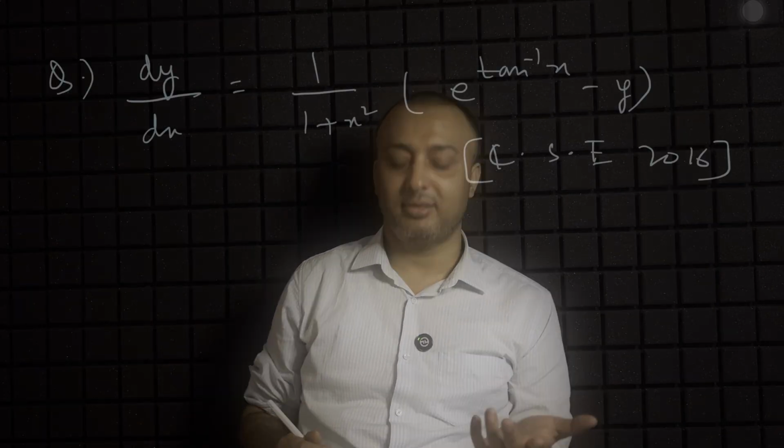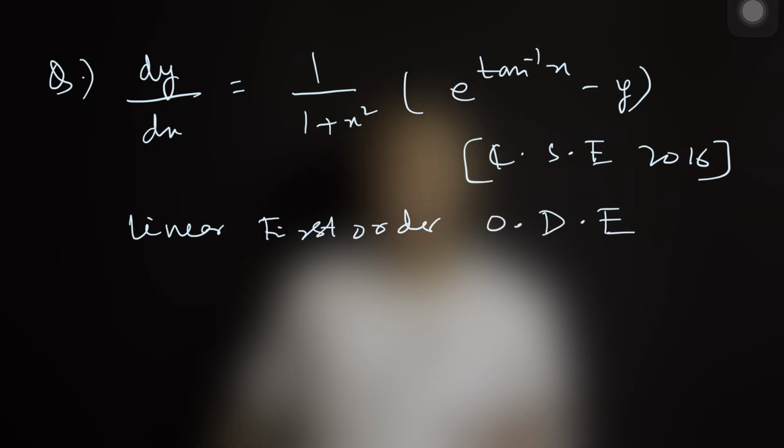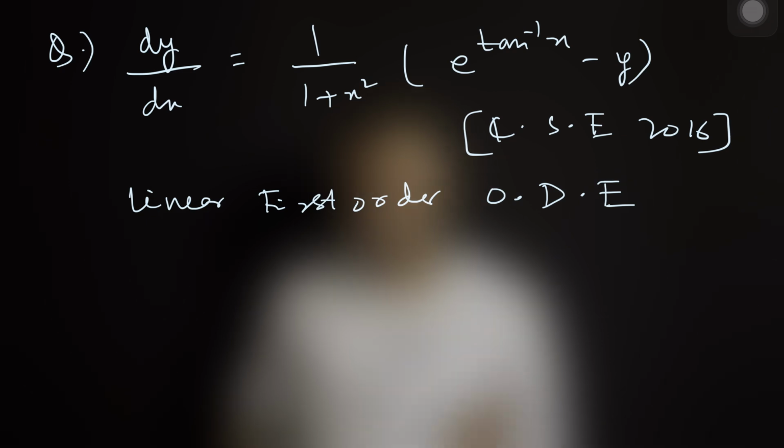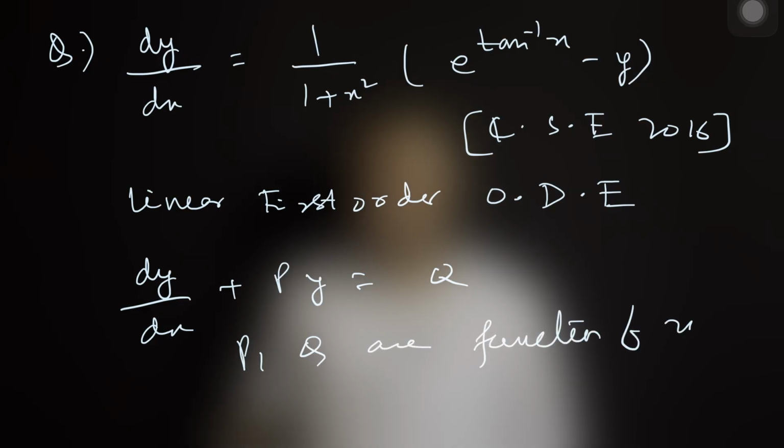So, this is a sort of linear first order ordinary differential equation. It is not a partial differential equation. So, linear first order differential equations are of the type dy by dx plus py is equal to q, where p and q are functions of x prima facie.